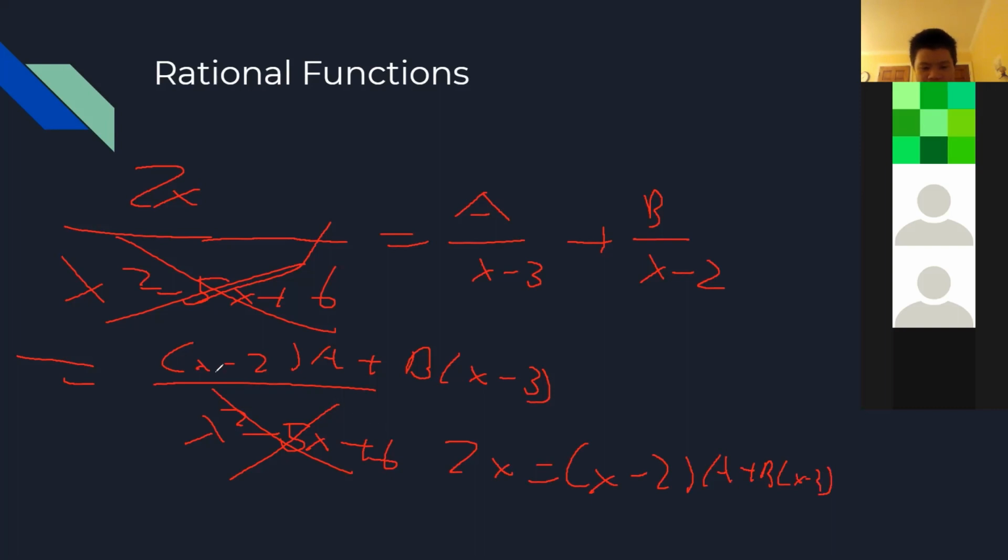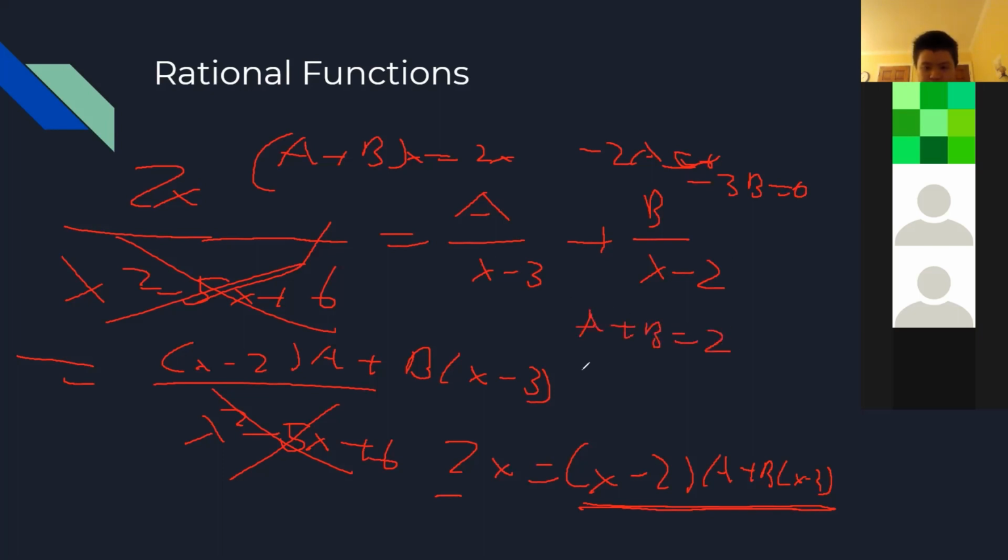Since x can be anything, this has to equal 2x, which means that a plus b x equals 2x, while minus 2a minus 3b equals 0. So a plus b equals 2, 2a plus 3b equals 0, since I just reversed the sign so it's easier.